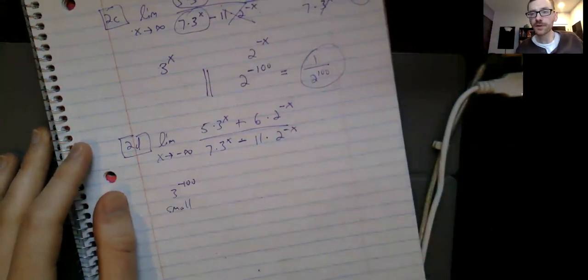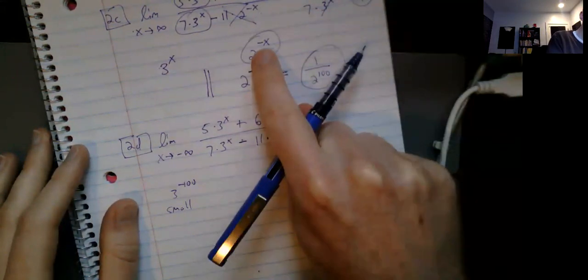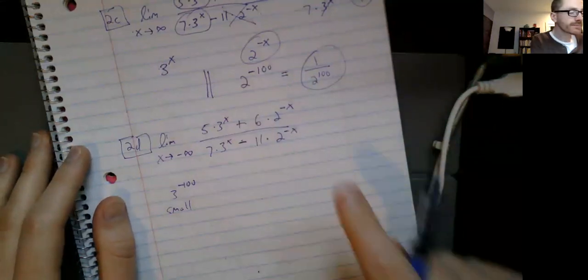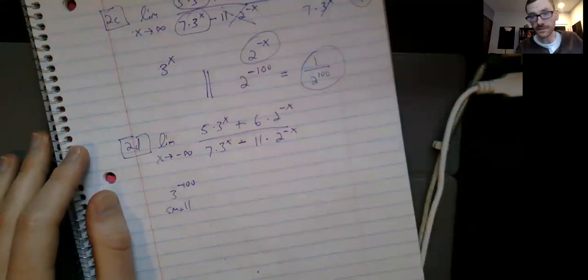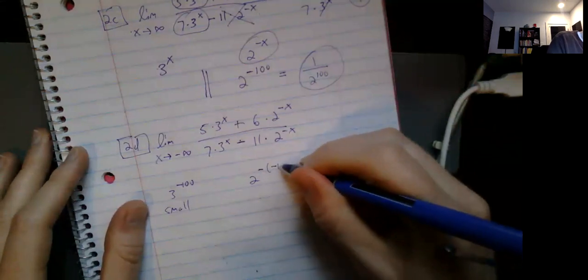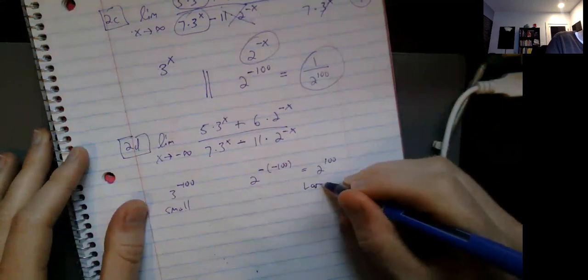Because that's 1 over 3 to the +100. But if you plug negative 100 into this guy, because there's already a minus sign on the x, plugging a negative number into this expression, this minus sign is going to flip the negative back to being positive. So that would be like 2 to the opposite of negative 100, which is 2 to the just positive 100, which is very, very large.